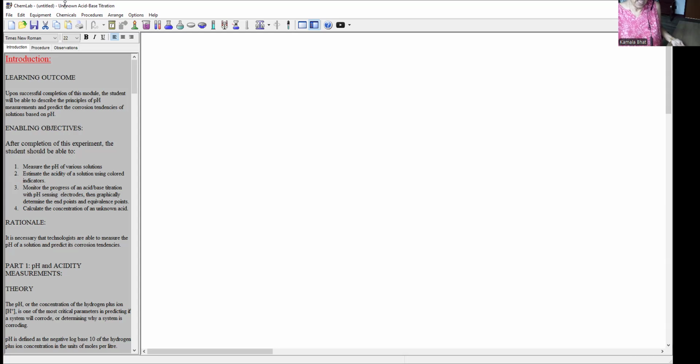And so with that, we can conduct the experiment. The first part, before I go to the various parts, is to calculate the concentration of the unknown acid.